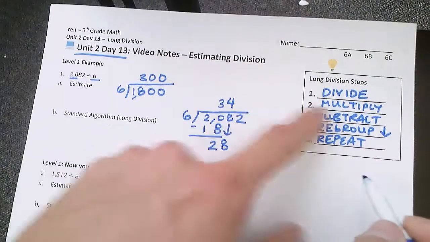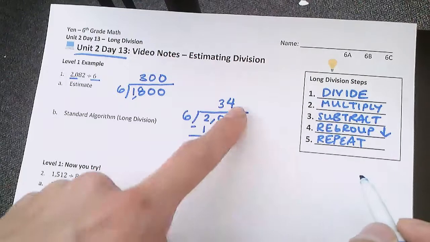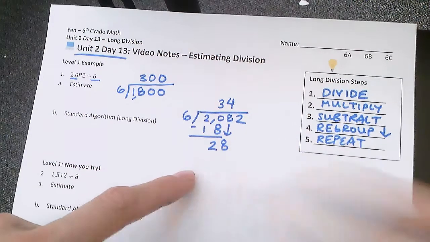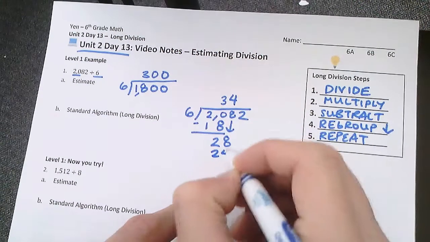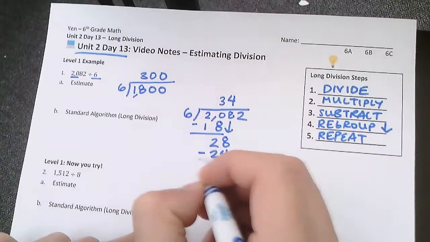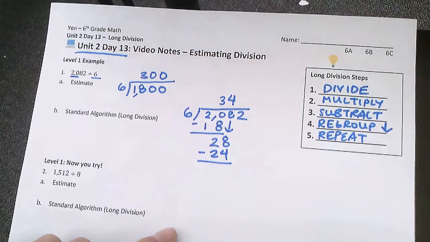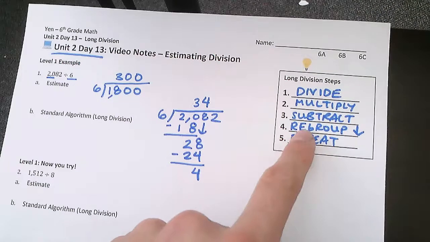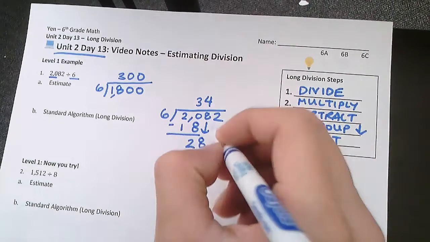I multiply, that's step number 2. 4 times 6 is 24. Step number 3 is subtract. Then I'm going to subtract these. 28 minus 24 is 4. Step number 4 is regroup, bring the number down.